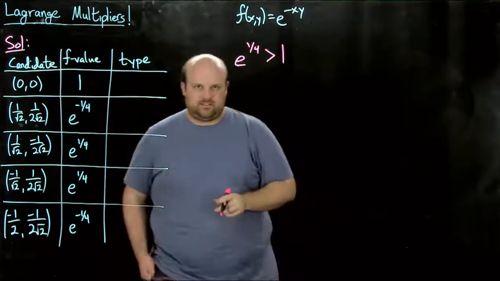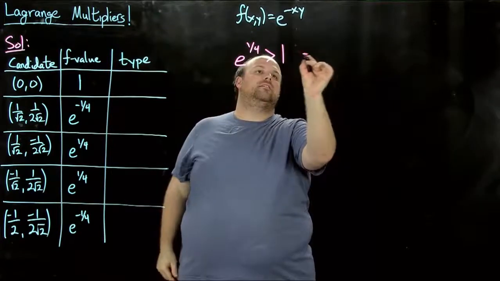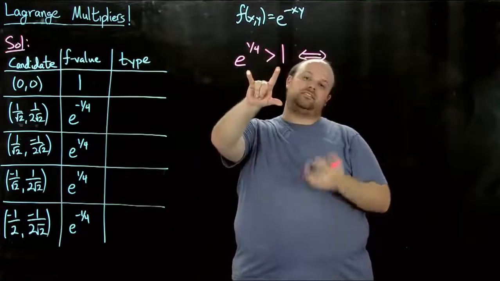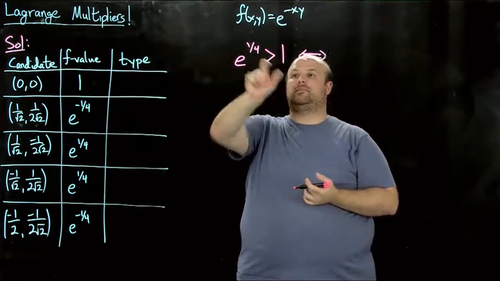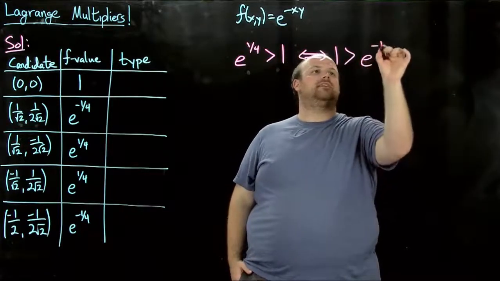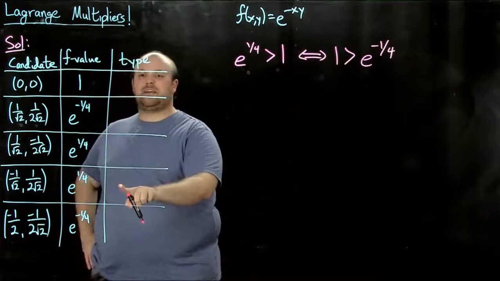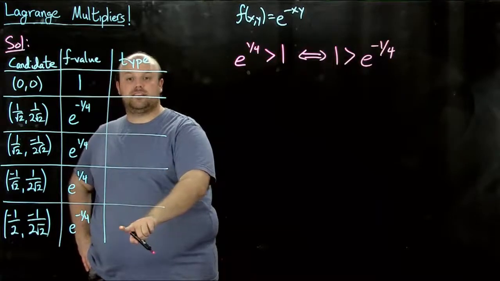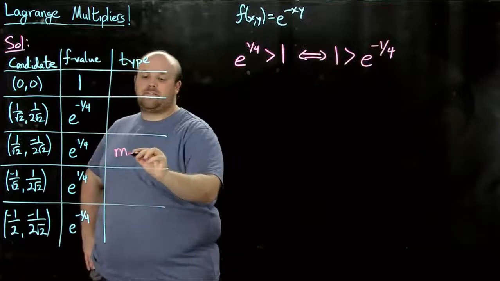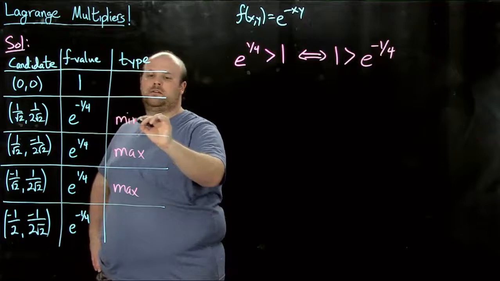Well, if we take the reciprocal, another way is to divide both sides by e to the 1/4. That tells us 1 is bigger than e to the minus 1/4. So what that tells us is these two are bigger than 1, and also bigger than this. That has to be true, since they're less than 1. So that means here we have a max and a max, and here we have a min and a min.